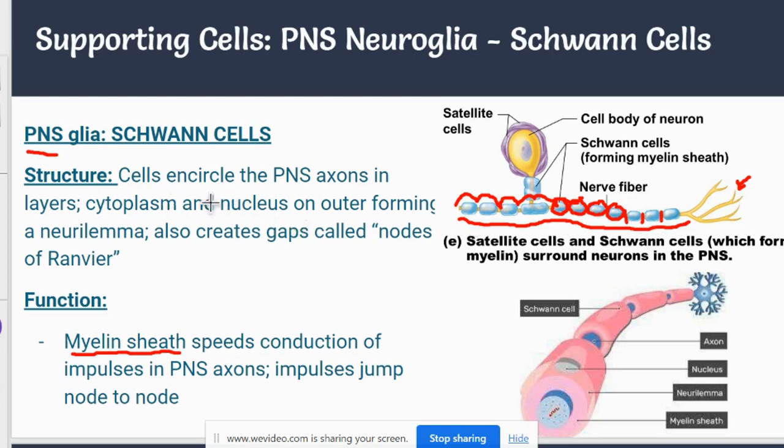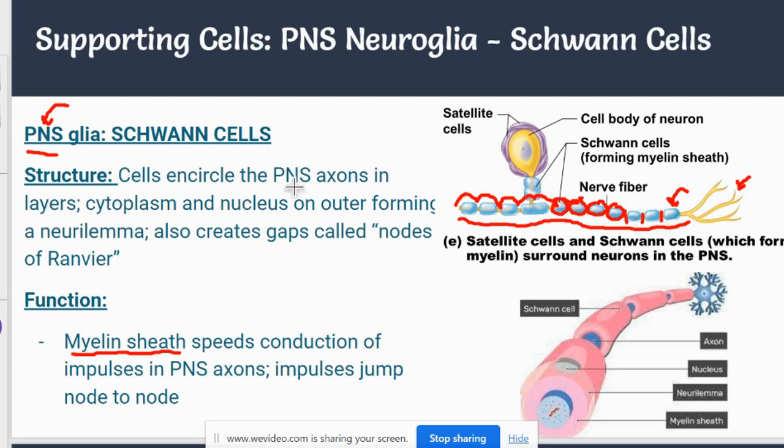So Schwann cells: one difference from oligodendrocytes is they're not in the CNS, they're in the PNS. And if you remember, oligodendrocytes can reach out with their appendages, their little hands, and myelinate multiple axons on multiple neurons. That's not the case with a Schwann cell. Each one of these little blue things is a Schwann cell, so it can only myelinate a section of one axon on one neuron.